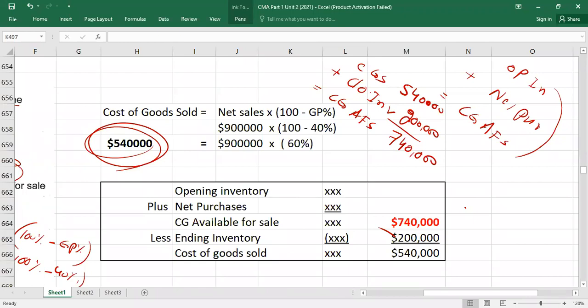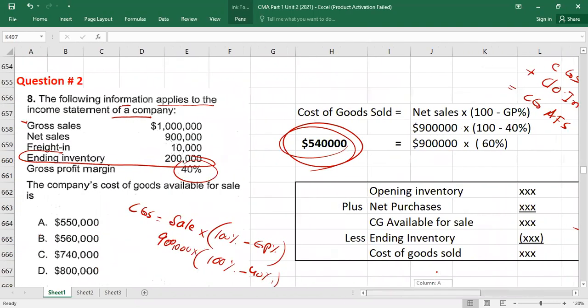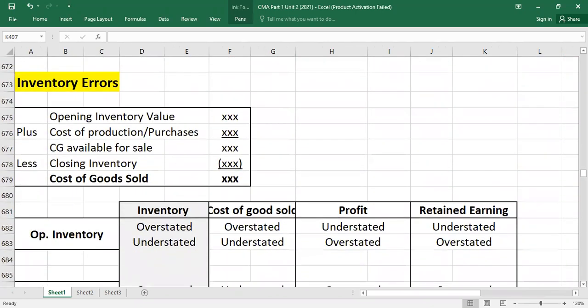Okay, I hope it is clear. Now, guys, one more topic which could be tested in your exam question, but theoretically, in terms of analysis, it can be tested.